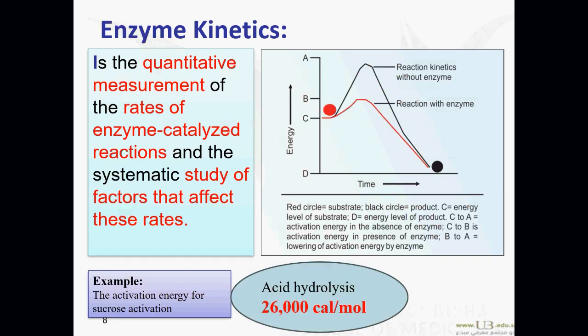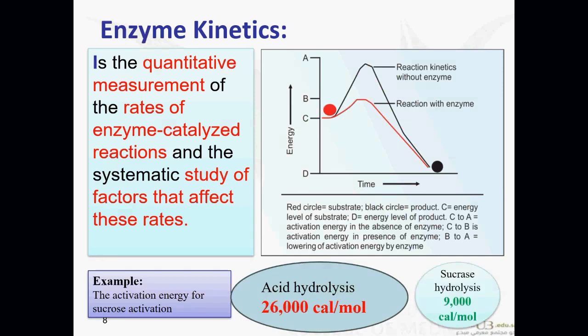This is the acid hydrolysis without an enzyme. So the energy needed for the acid hydrolysis of the sucrose into glucose and fructose is equivalent to 26,000 calories for each single mole of sucrose to become glucose and fructose.